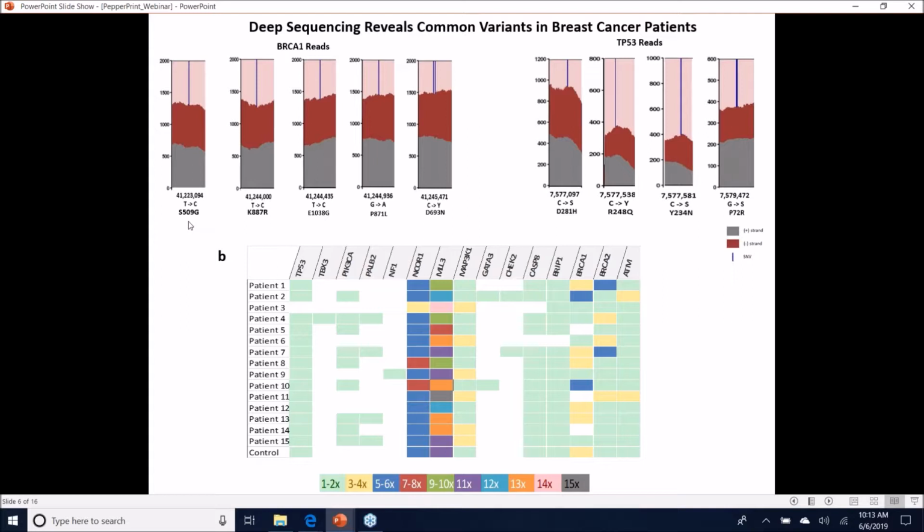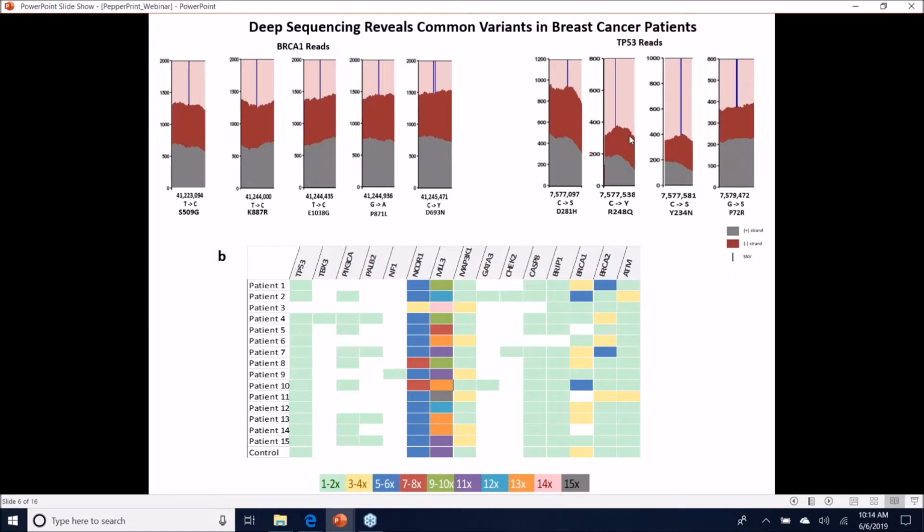Codon serine 509 is changed to glycine. Similarly, for all the other mutations, we were getting very high read depths. For example, for P53, read depths are not as high, exome capture is not as efficient, but we were getting anywhere between 900 or so to 400.